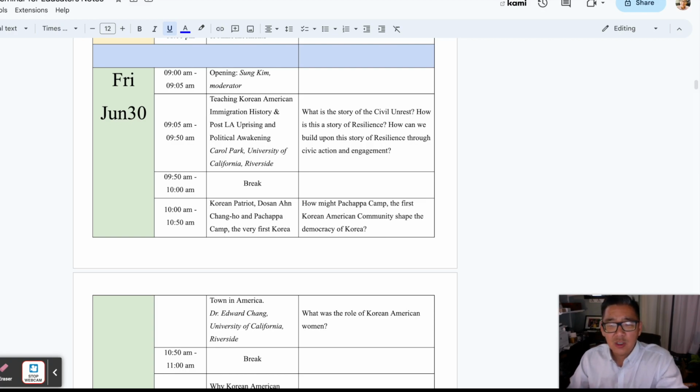And then how is that also a story of resilience for Korean Americans and for Americans? And how do we continue to build upon this story of resilience through civic action and engagement as students identify issues that they're passionate about? What could further action be to make a difference that the students feel are important to them? Once again, it's about supporting the students in the issues that matter and are important to them.